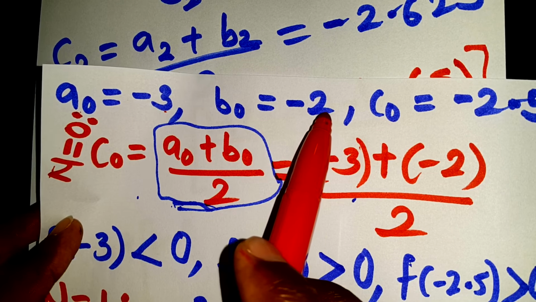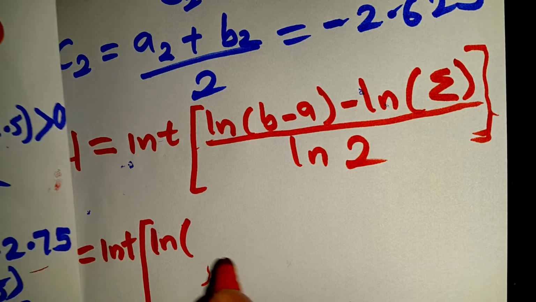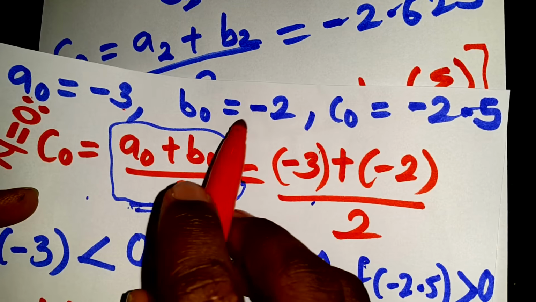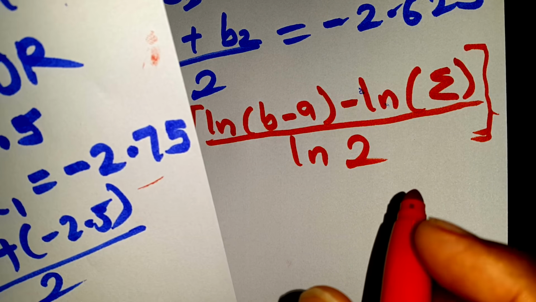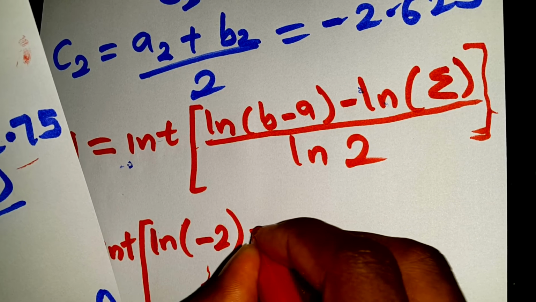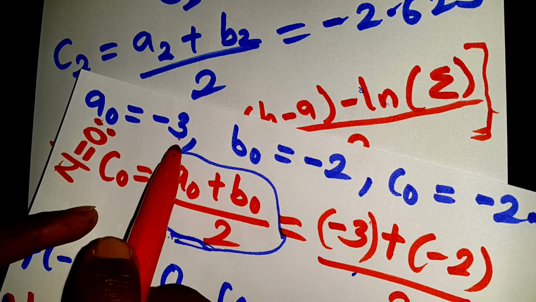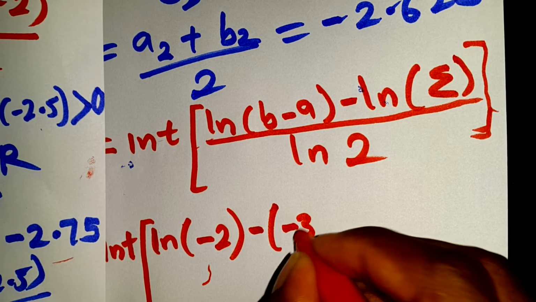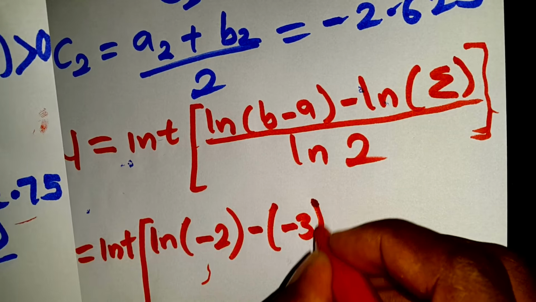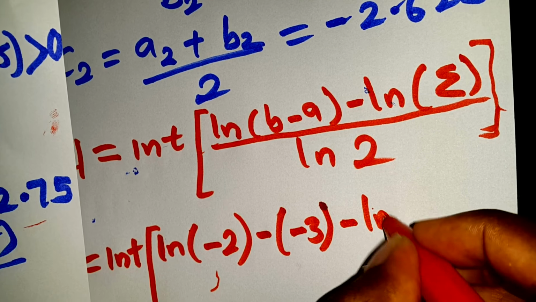So we put minus 3 and minus 2 into this equation. b was minus 2, so we put minus 2 minus a naught, which was minus 3, minus ln.